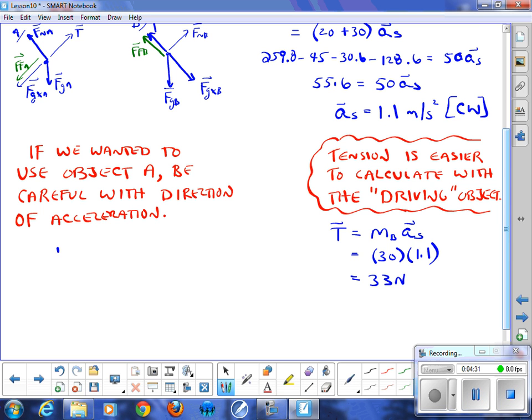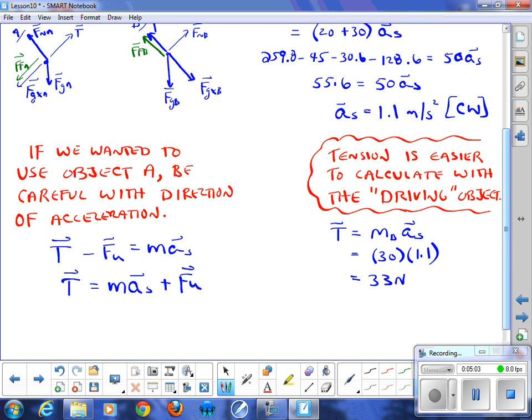So the tension in the rope for object A, so just doing the calculation in another direction here, the tension in object A is going to be tension minus F unbalanced equals mass times acceleration of the system. All right, so that's how you would calculate your tension, or tension is equal to mass times acceleration of the system plus the unbalanced force.